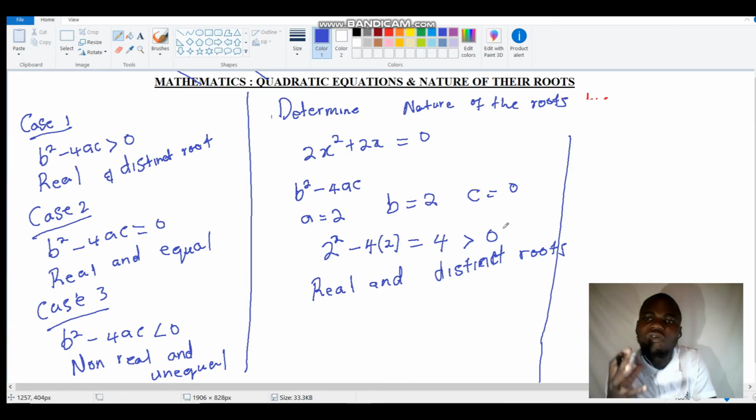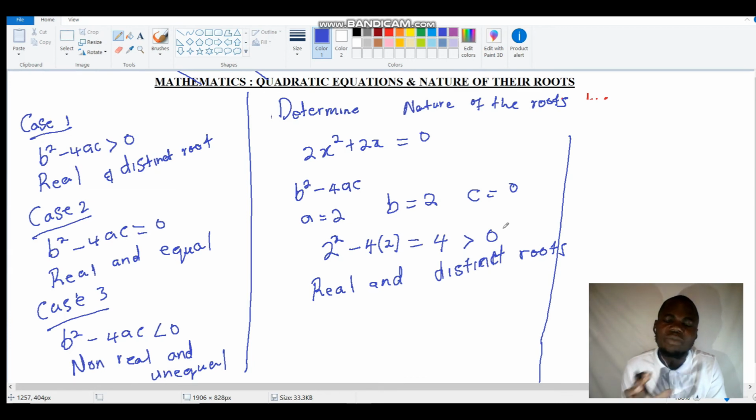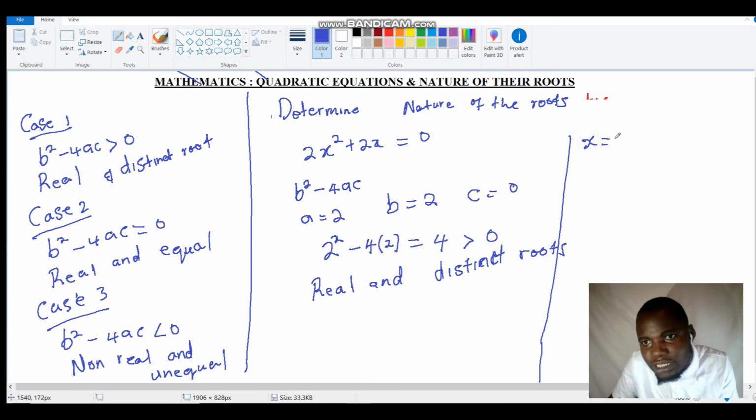You were not asked to find the roots, but for the purpose of this video, let us try to see why they are indeed real and distinct. Distinct means different. Let's try to find the roots. So roots of any quadratic equation are given by x equals minus b plus or minus square root of b squared minus 4ac over 2a.